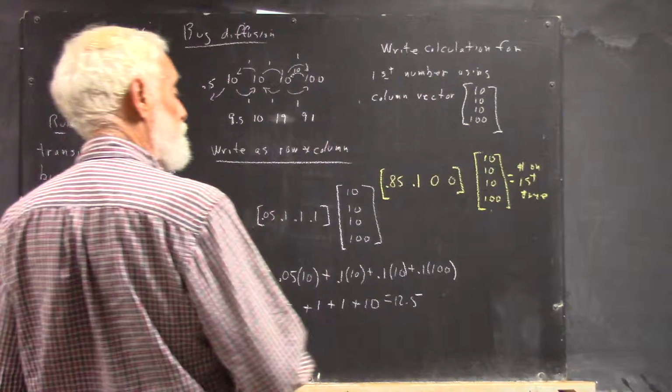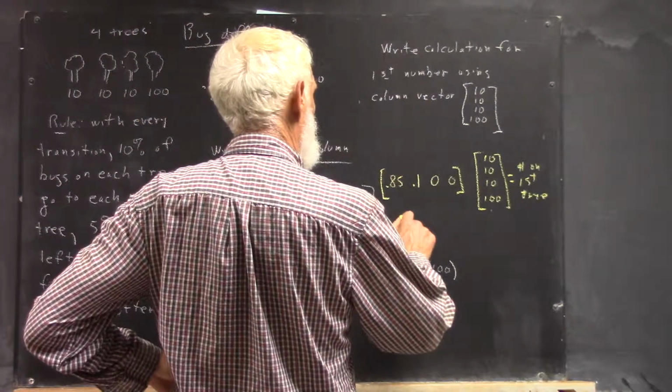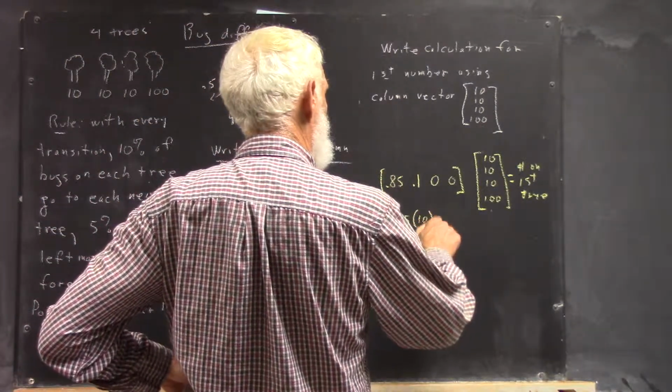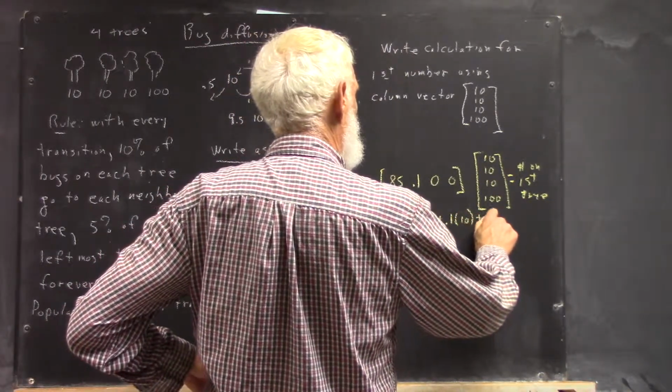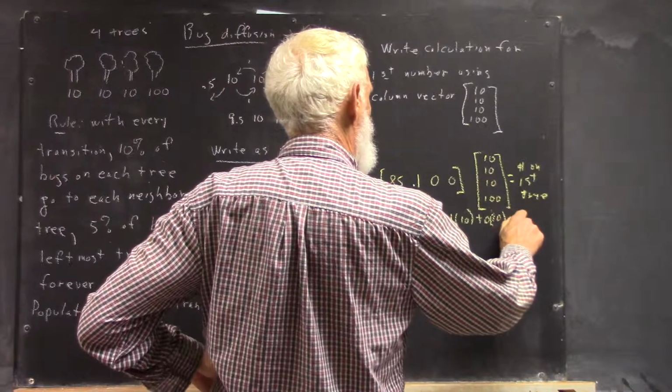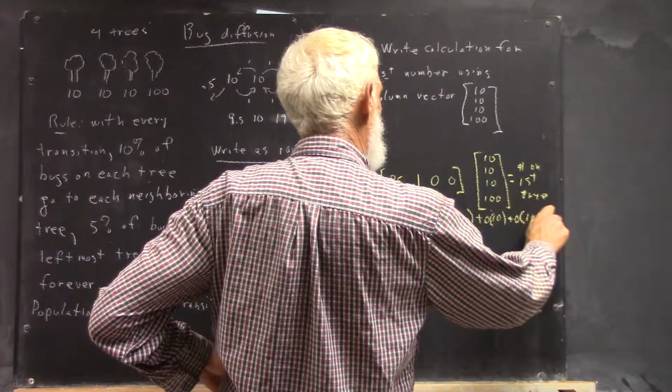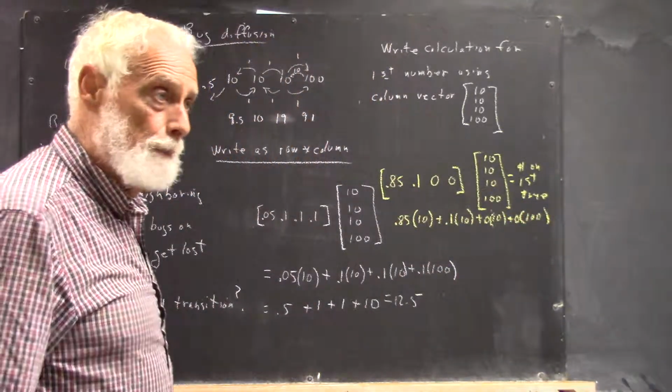So what we have is 0.85 times 10 plus 0.1 times 10 plus 0 times 10 plus 0 times 100. Okay?